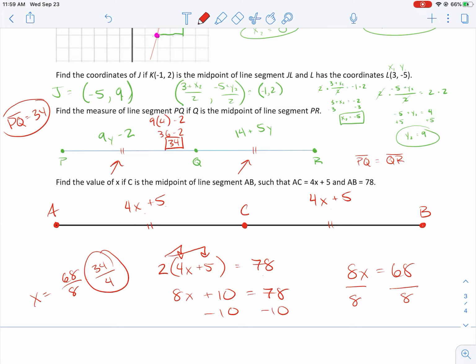Did I write that problem down right? It feels like it should have come out nicer. Okay, well, that's the value of x. That's what I came up with. So it's not always going to be a nice number, I guess.